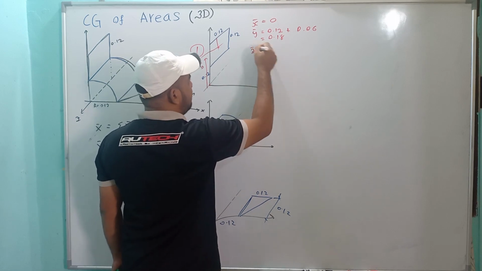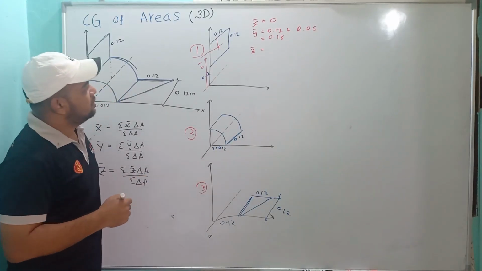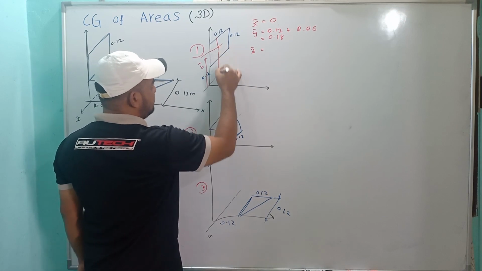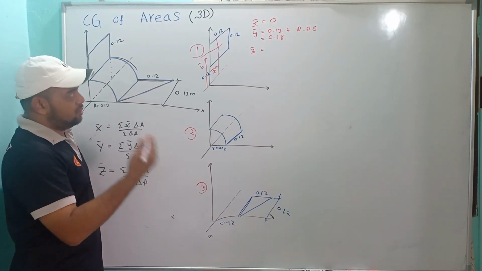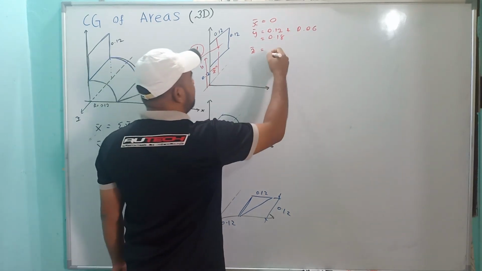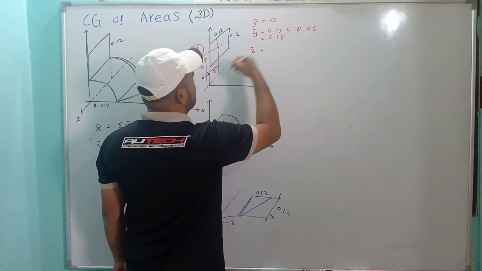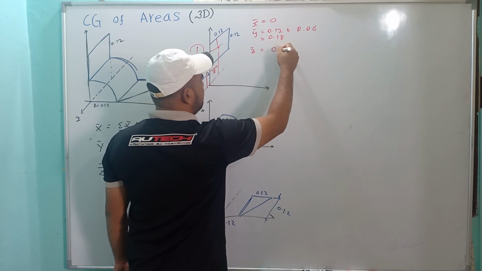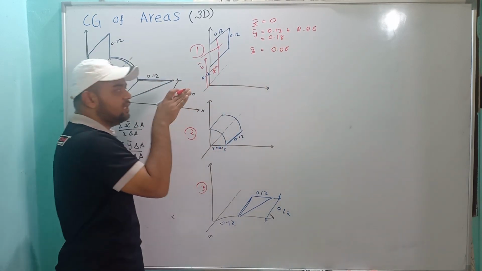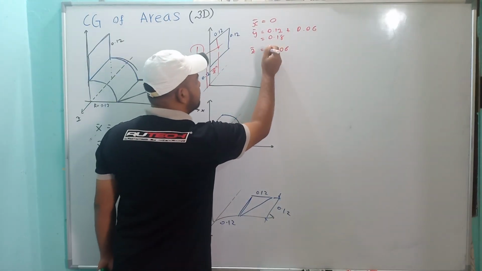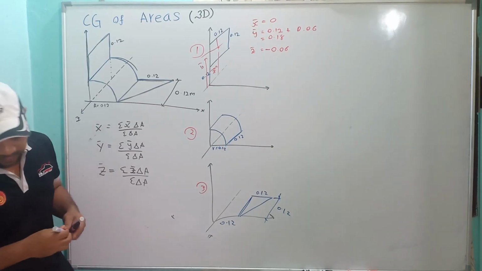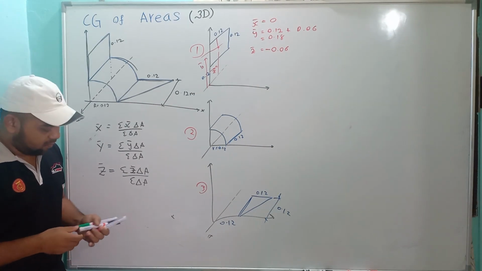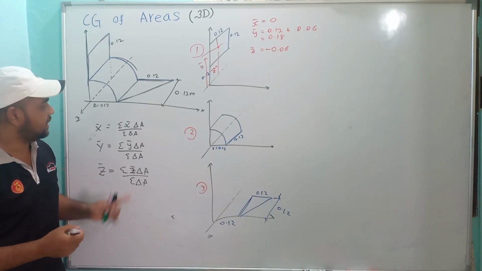And the z bar is from here to this line, 0.12 divided by 2, which is 0.06, and it is to the negative z, so I will put negative. So negative z.